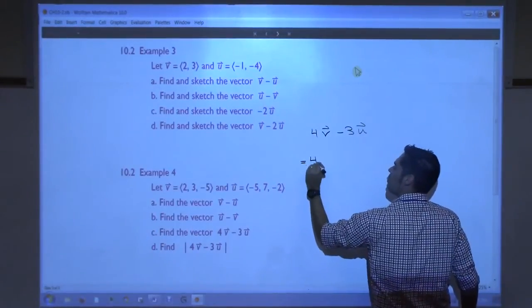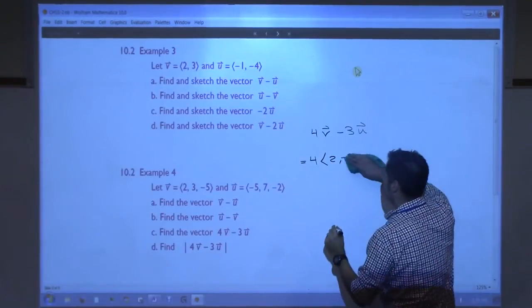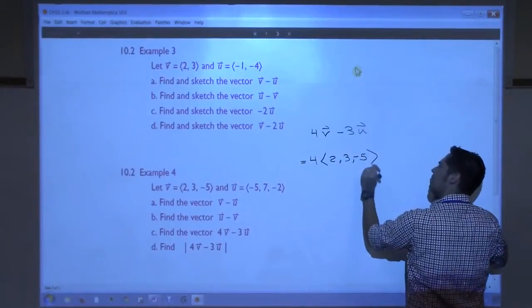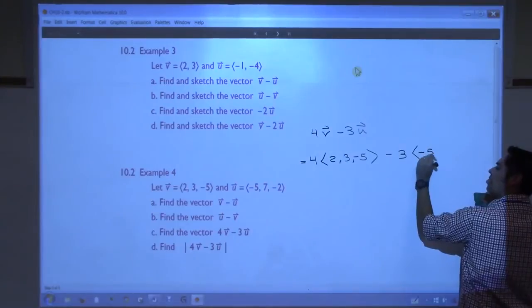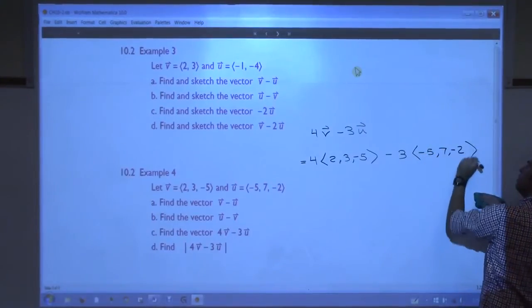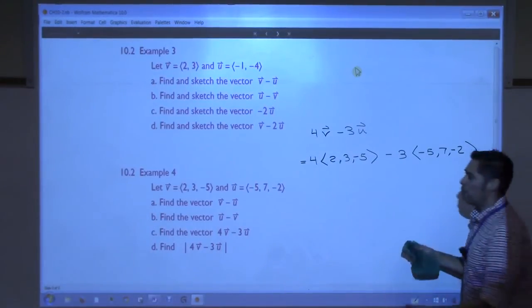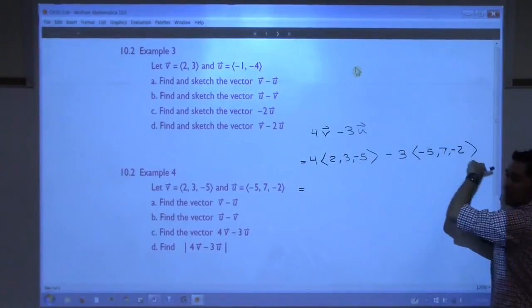So this is 4 times the vector 2, 3, -5, minus 3 times u, which is -5, 7, -2. Everyone agree that that's 4v minus 3u? Now I'm going to do my scalar multiplication at this point. I'm going to pass the 4 through, pass the -3 through.